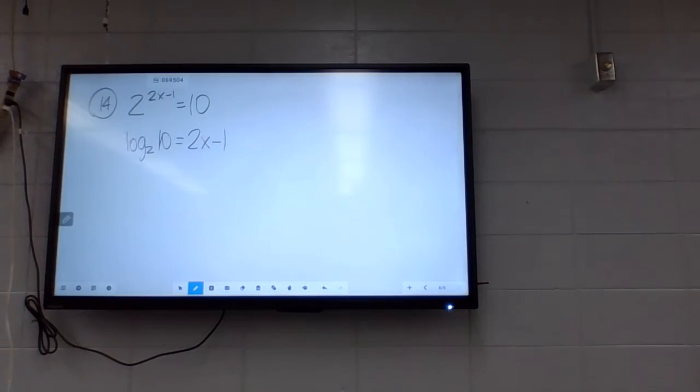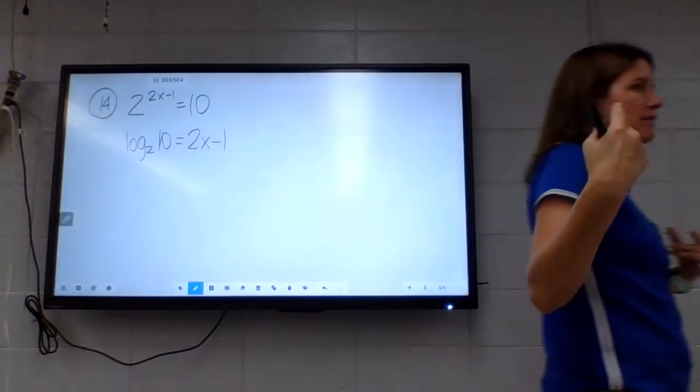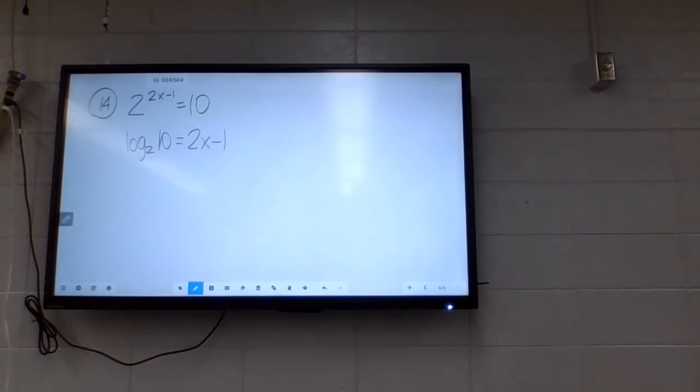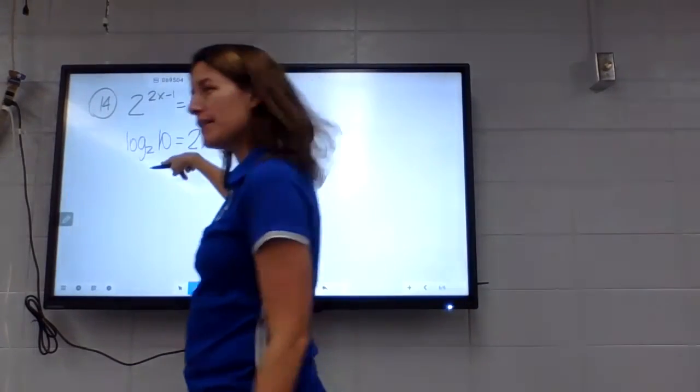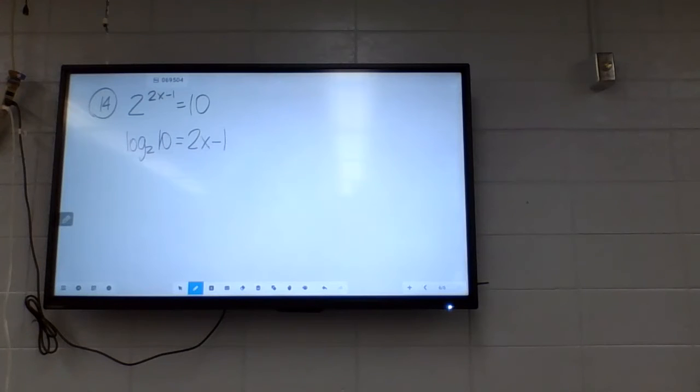Now the strange part about this is when you do log base 2 of 10, it's not a very nice number, and so it makes you think that maybe you're doing something wrong. But even if that were some crazy decimal, I still know how to solve an equation where there's a number equaling 2x minus 1. So being able to make this conversion, kind of from last chapter.